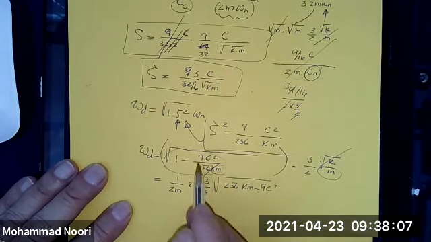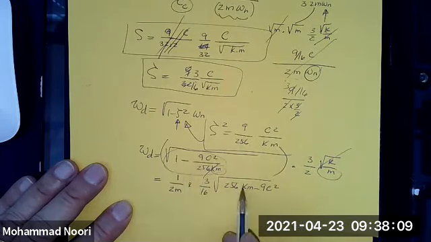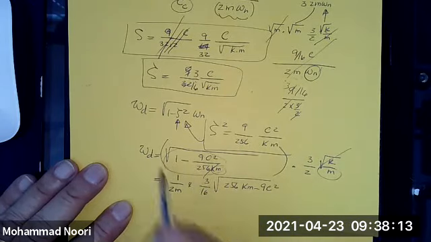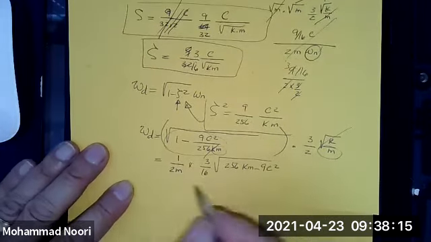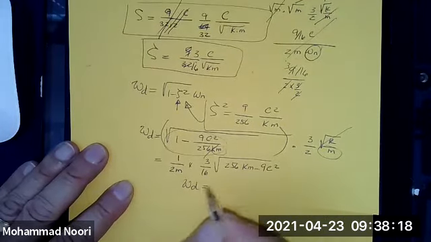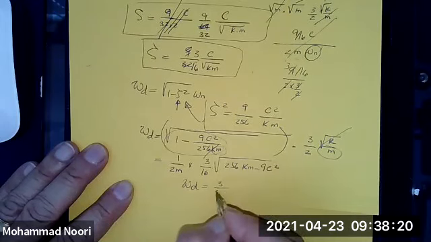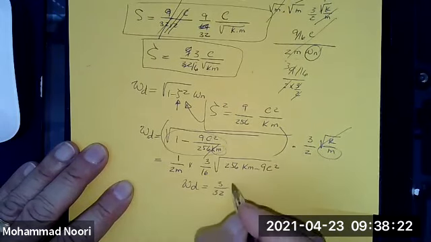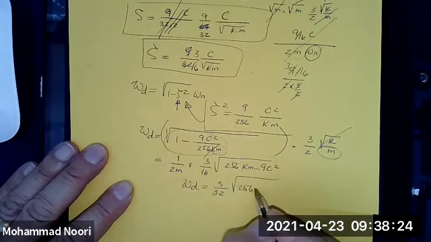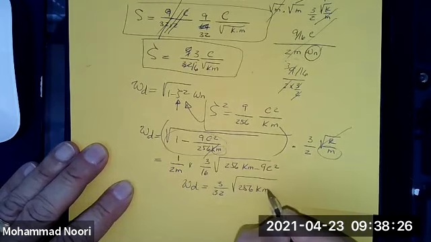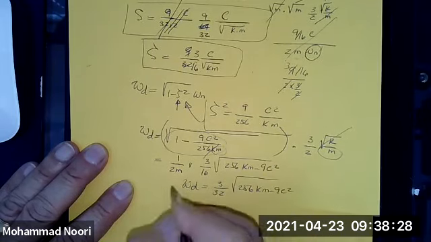Because you took the common denominator, this comes out. So anyway, omega d would be further simplified as 3 over 32 m times the square root of 256 km minus 9 c squared.